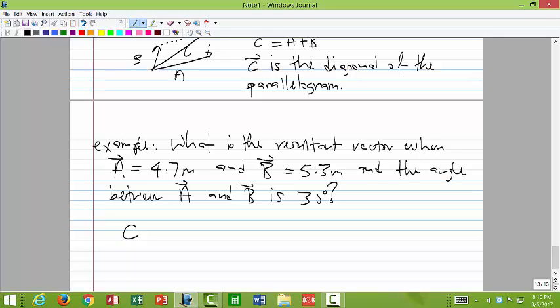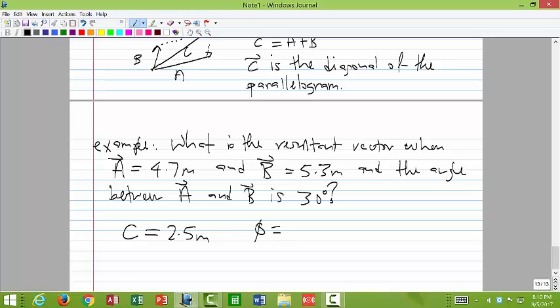What is the magnitude of C? We have 2.5. Is everyone getting 2.5? Okay. What about direction? I said magnitude. Could it be lower than the two numbers?